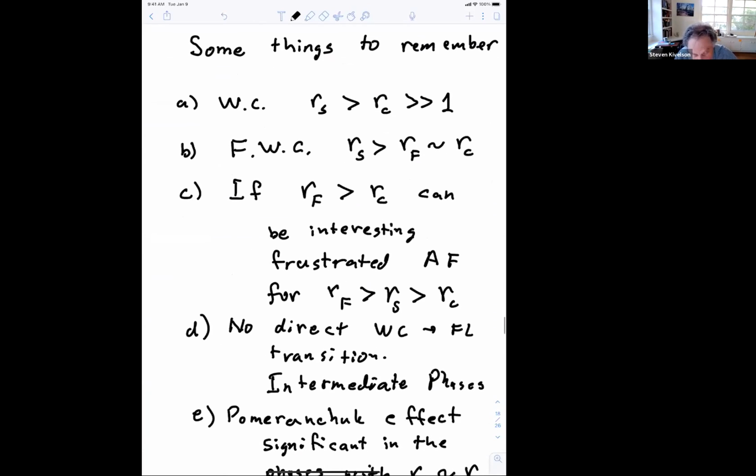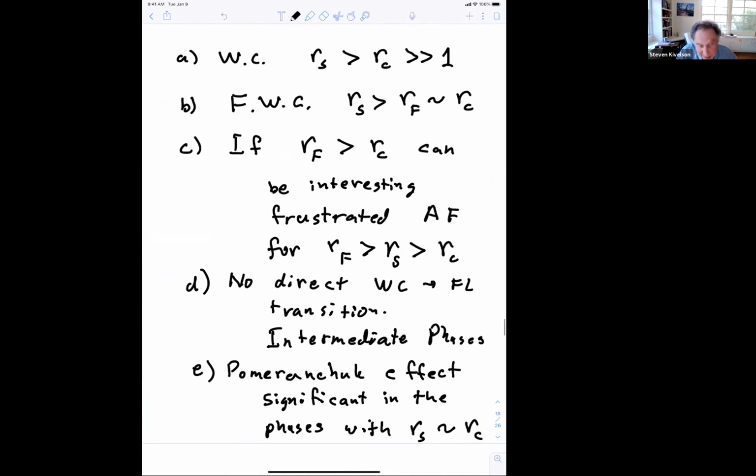So let me then summarize what I would like you to take away from this. First of all, as we all know, the Wigner crystal occurs above a large critical R, and that's very interesting. But one should also take away that at least over most of the range, the ground state of the Wigner crystal is likely to be ferromagnetic.